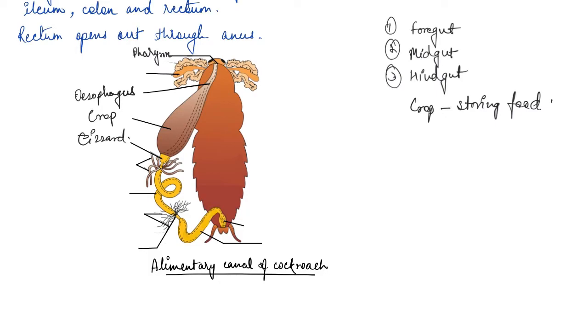Remember guys, the entire foregut in case of cockroach is lined by a cuticle.